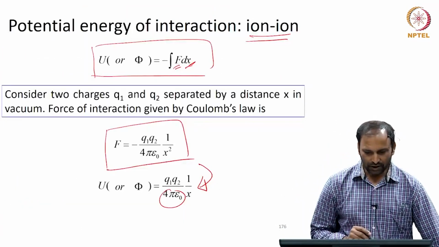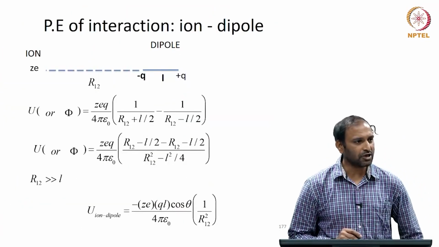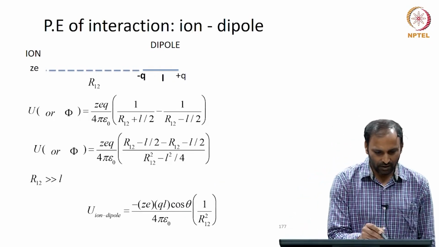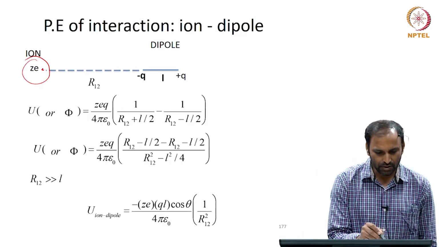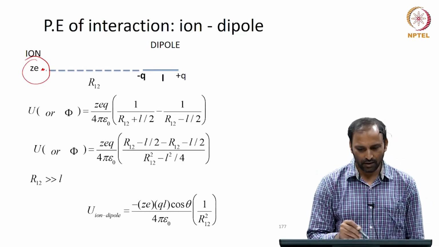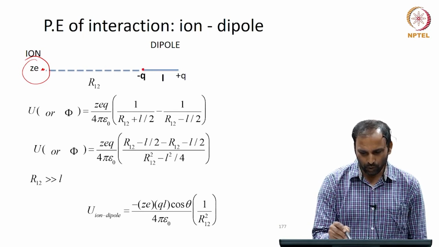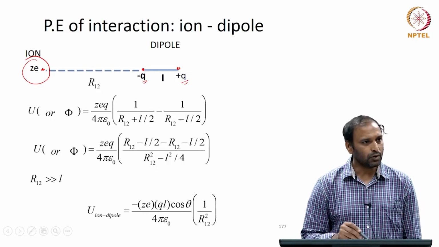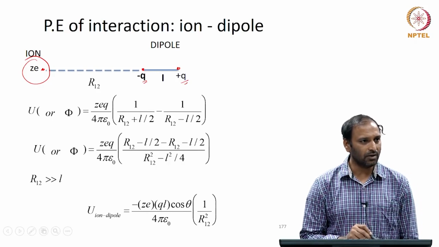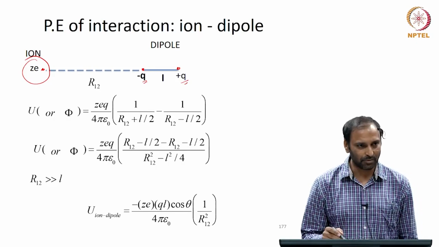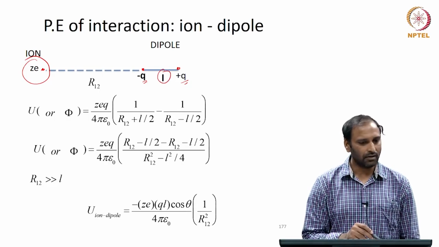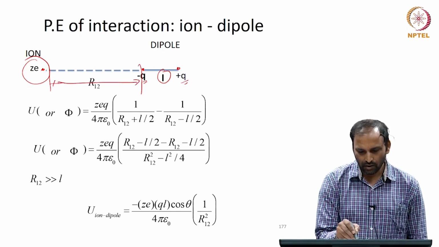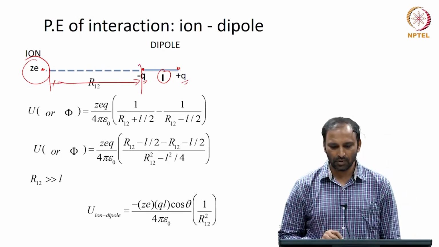I can do the similar thing for potential energy of interaction between an ion and a dipole. So, I have an ion whose charge is Ze, and there is a dipole, in which you have two charges of equal magnitude, opposite sign, separated by some distance, in this case L, and this distance is r12.